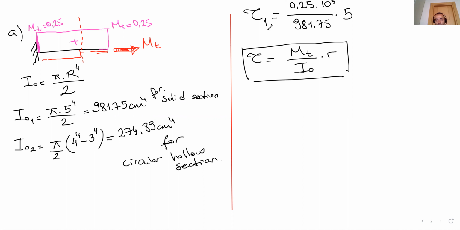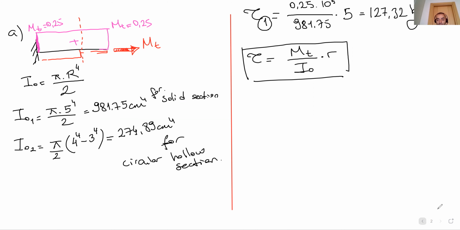This is for portion 1, the solid section. Yes, the stress here is 127. And so we have to check if this stress is less than the allowable stress or not.